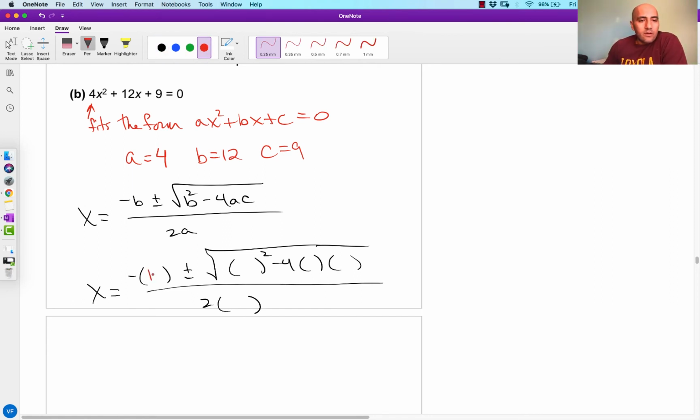So b is 12. Let's put a 12 there and a 12 there. And a is a 4, so a 4 goes there and a 4 goes there. And c is a 9, so a 9 goes there.